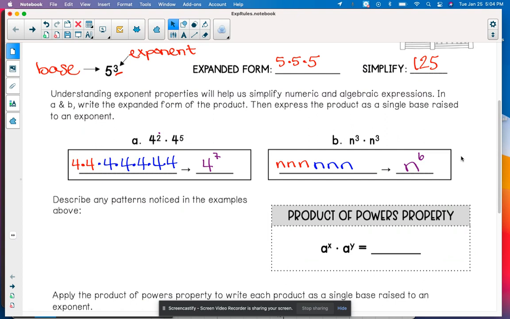So the main pattern that was expressed in these problems is going to be we added the exponents together when bases are being multiplied.